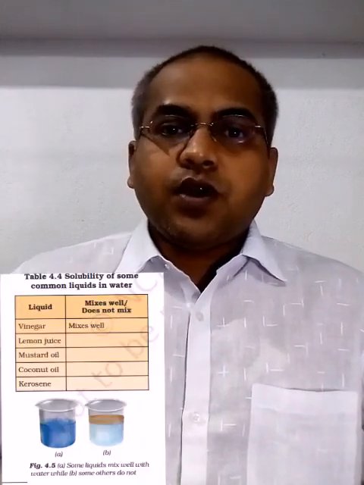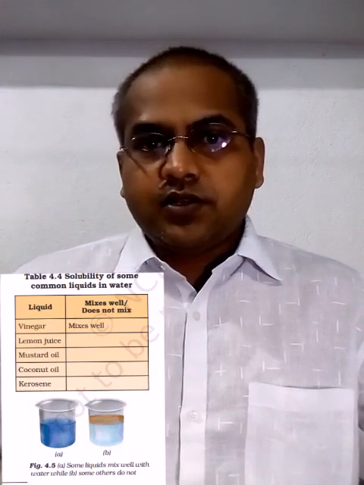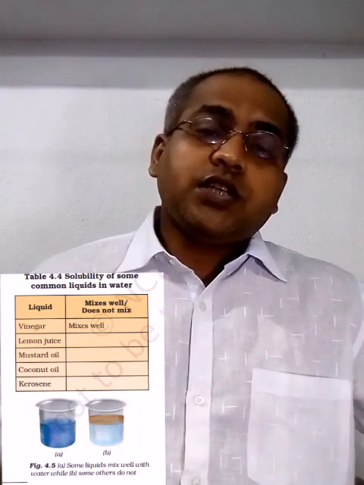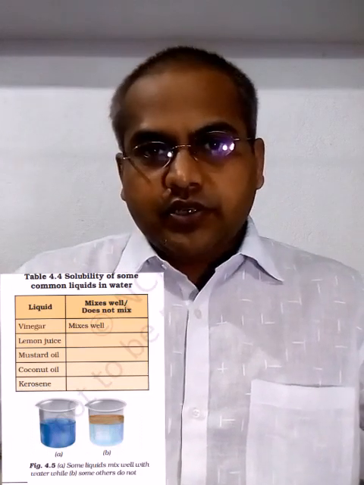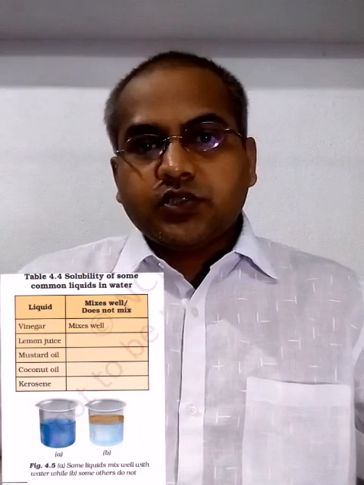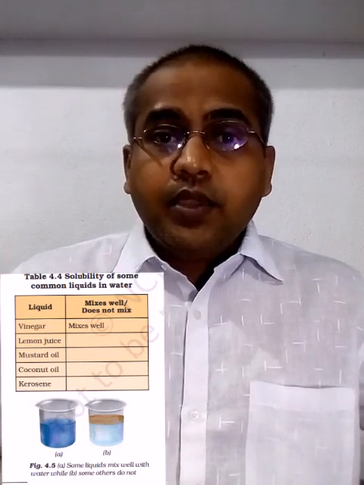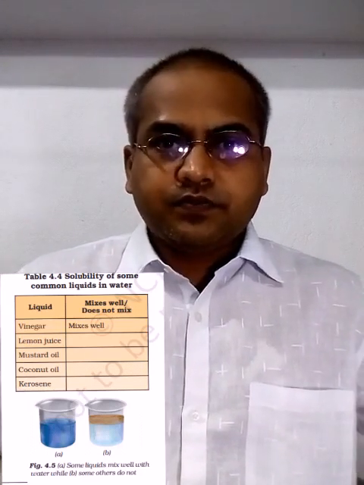So there are two types of liquids, one which mixes with water and the other which does not mix with water. The liquids which mix properly with water are called miscible liquids, and the liquids which will not mix with water are called immiscible liquids.